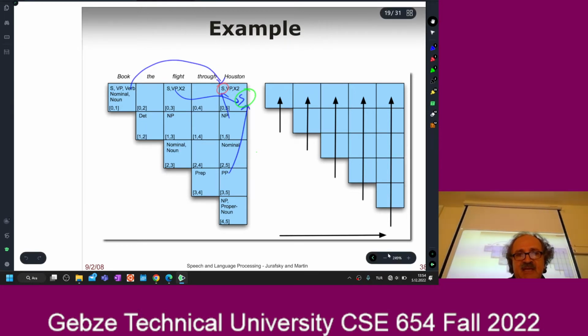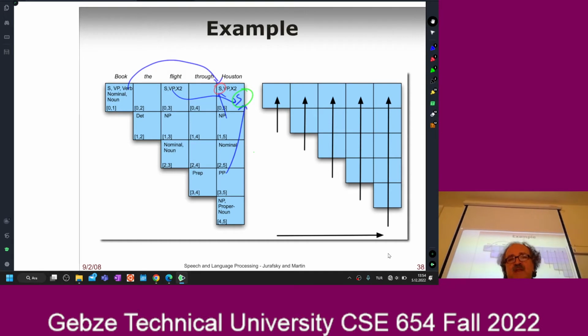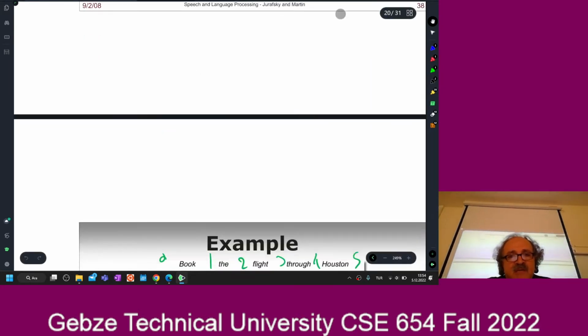This one represents the words between 2 and 3, etc. Going from left to right and from bottom to up, I fill in that table one by one. In this way I avoid any redoing of the same thing over and over again, any repetition. And the other nice thing is this can recover any ambiguous tree representations of the same sentence. Okay, so this was the bottom-up approach.